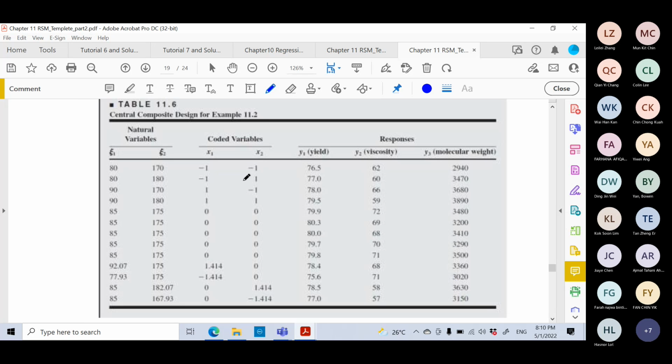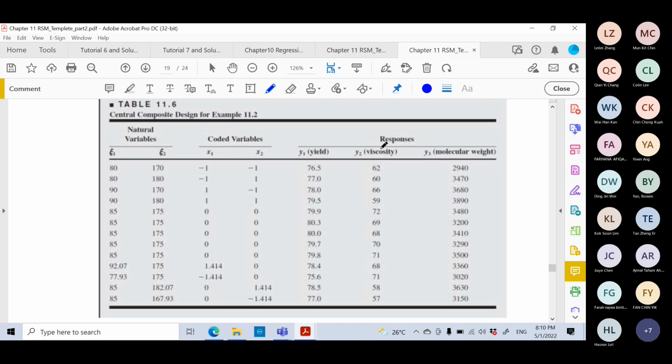In this following experiment, we have three different responses that we want to study. The response for the first one is the yield, the response for the second one is the velocity, and the third one is another response.